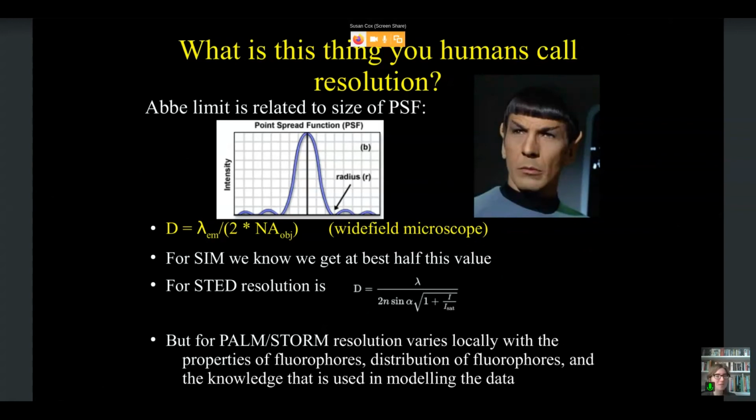Because for localization microscopy, resolution actually varies locally. It varies with the properties of the fluorophores, it varies with the distribution of fluorophores, and with the knowledge that's used in modeling the data. So it's not nearly so simple a concept, and it doesn't have a single blanket value that you can apply to an image in the same way. And I found this a fascinating concept all through my time in localization microscopy.